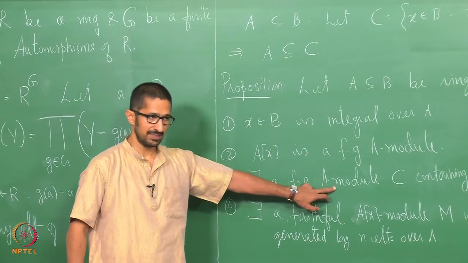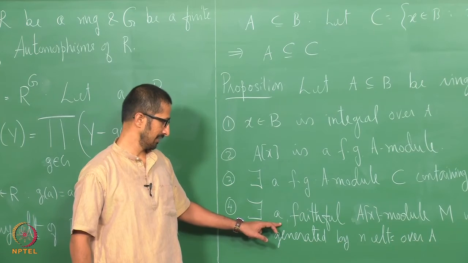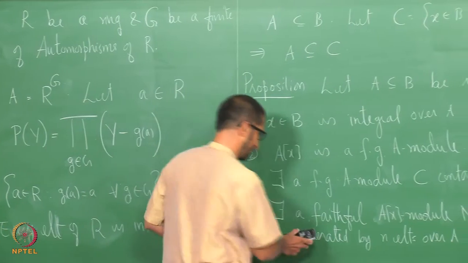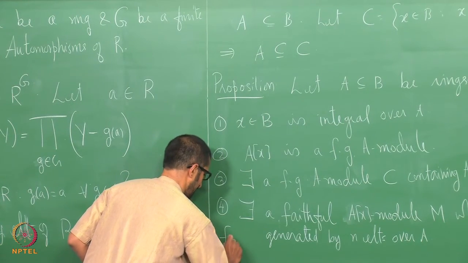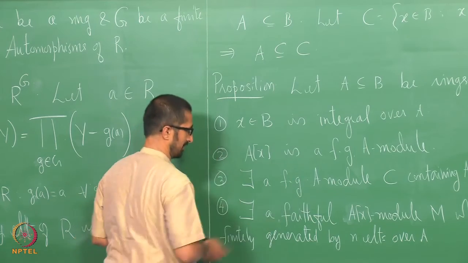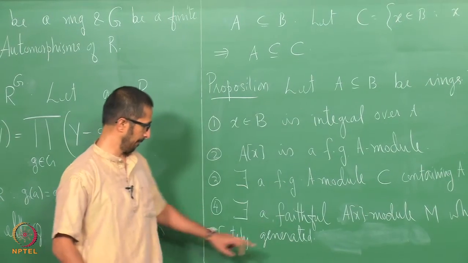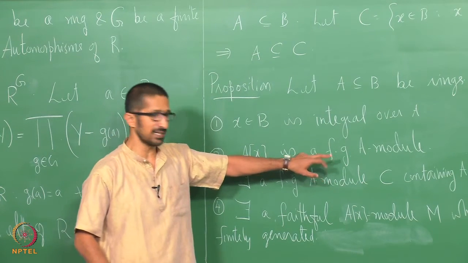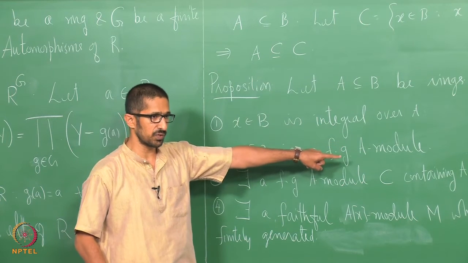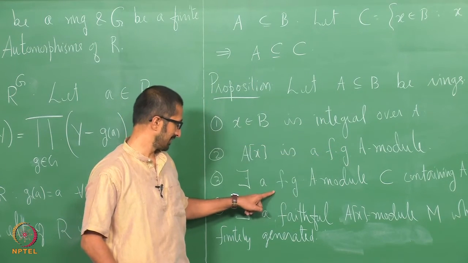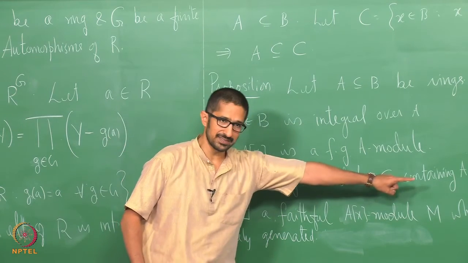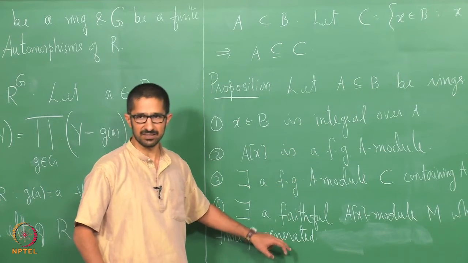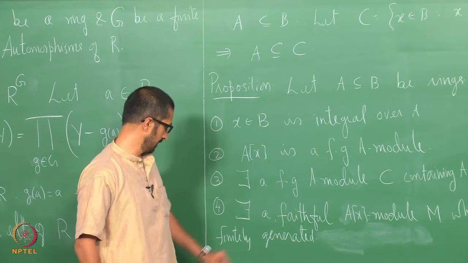Since I am not really talking about elements here, in fact one can state this as A[x] is generated by 1, x, x^2, up to x^(n-1), and this is generated by n elements. I can add that in 3 or I can just omit it.